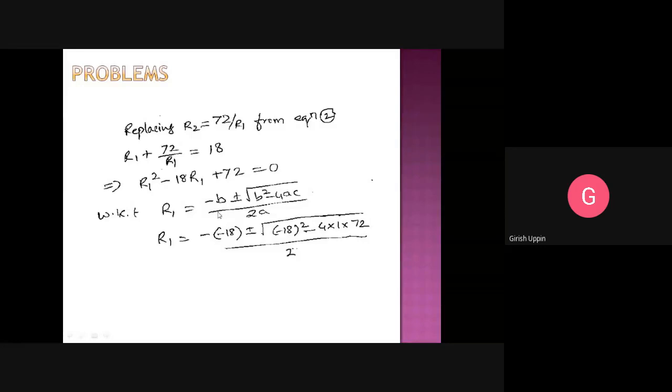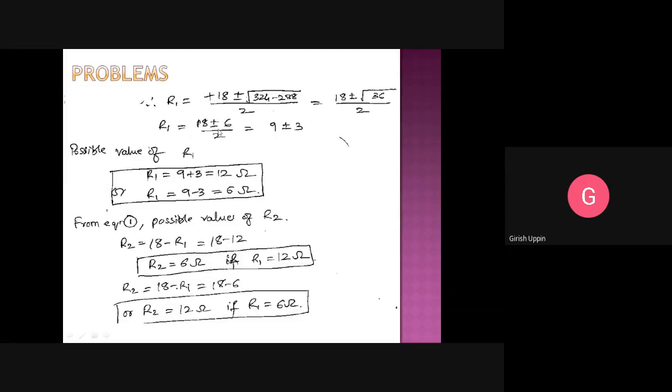You replace these values in this equation and there are two values, one with plus and one with minus. So when you use the plus, okay, this is the simplification. If you are trying to solve, intermediate values are here. You can just check if something is wrong with your calculation.